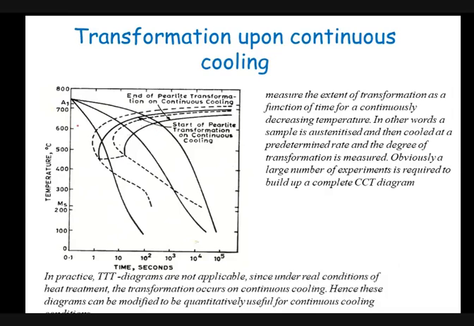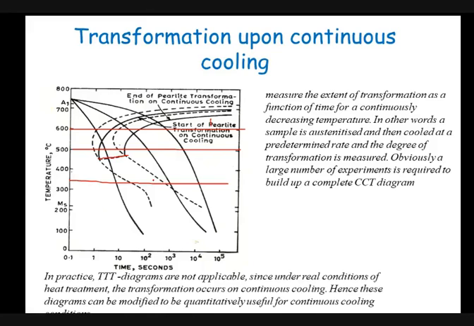This was our pearlite, then pearlite plus bainite, then fully bainite. But here you can see our diagram is only up to here. So we don't have the bainitic region. The bainitic region is absent in the CCT diagram.